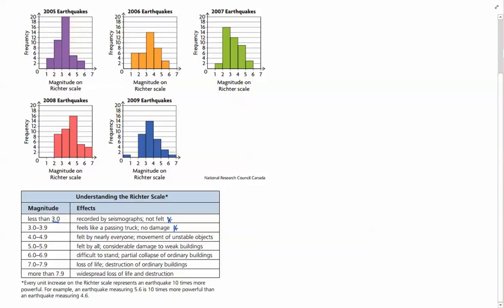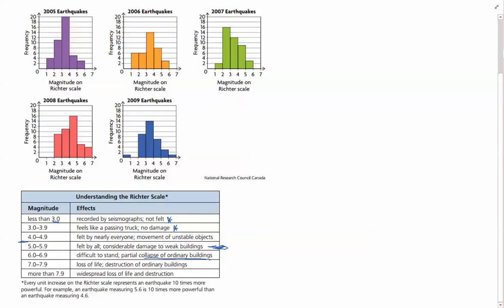Then at 5, you have considerable damage to weak buildings. So here's where at 5 we start to see some structural damage. And then it starts to have the collapse of ordinary buildings. So that starts to be pretty significant. And after 7, we start to have loss of life and full collapse of buildings.